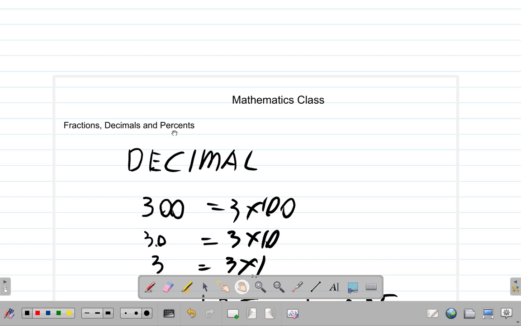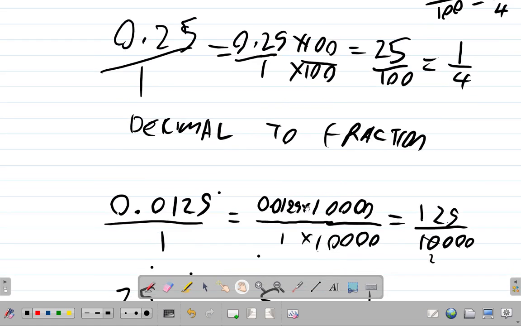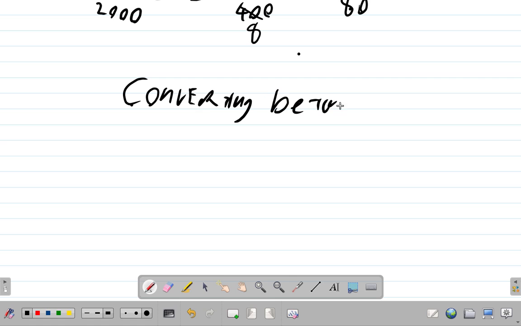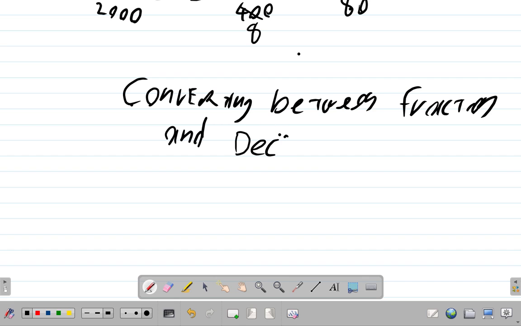Now, we're not going to touch percentage just yet, but the question is, how do you turn the fraction back into the decimal? Remember, what we're doing is converting between fraction and decimal.